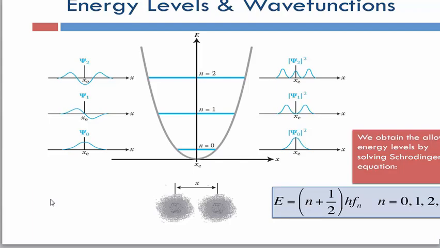So over here on the left, we see the wave functions, and on the right, we see the square of the wave function. We might remember the square of the wave function tells us the probability of the system existing in that particular location. And the wave function here doesn't have a physical meaning per se. So the allowed energy levels are as seen here, and the wave function tells us the probability of the separation between these two atoms, and you can see that it varies with the energy level.